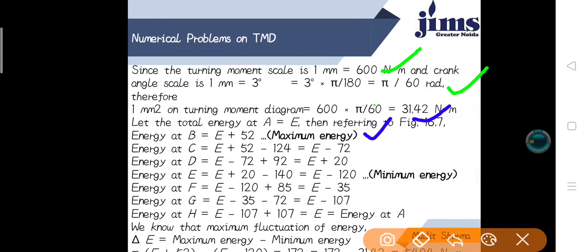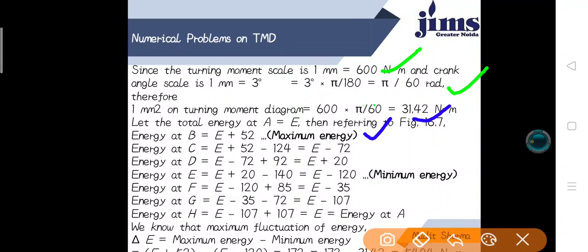Similarly we can calculate at each point, and we see at point B we found maximum energy, at point E we found minimum energy. The energy at point H is equal to A, because every cycle repeats itself.